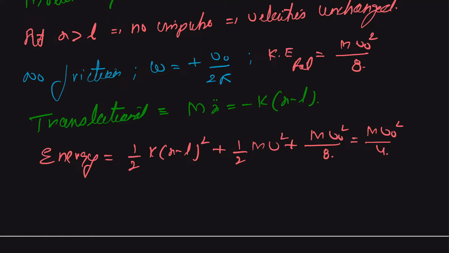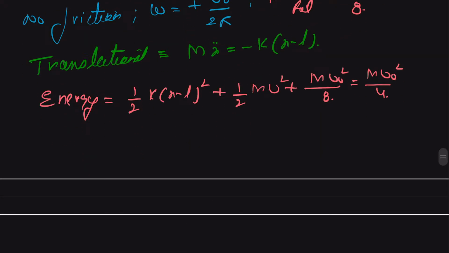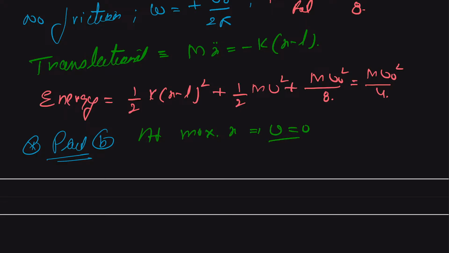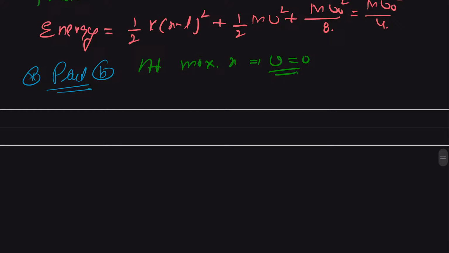Now it comes to how far it will go as it leaves the wall, that is our part B. Once again, at maximum distance, that is a turning point, our velocity v will be equal to 0. So at maximum x we have v equal to 0, which will be the turning point.